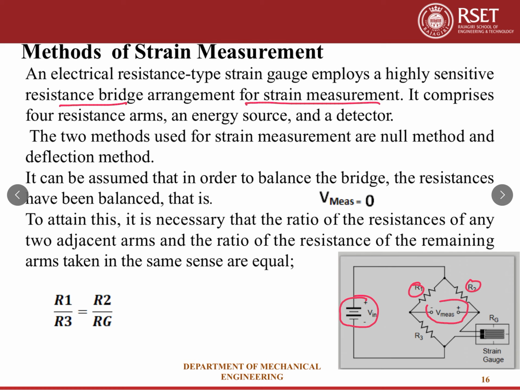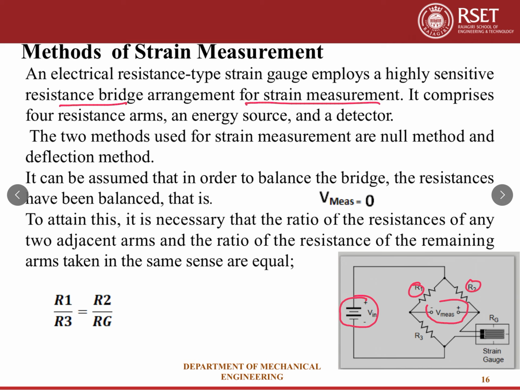Here in this Wheatstone bridge, for measuring strain gauge, one of the resistances is replaced by a strain gauge, and the strain gauge is bonded to the material whose strain is to be measured. So it can be assumed that in order to balance the bridge, balancing the bridge means this voltage across the voltmeter is 0.